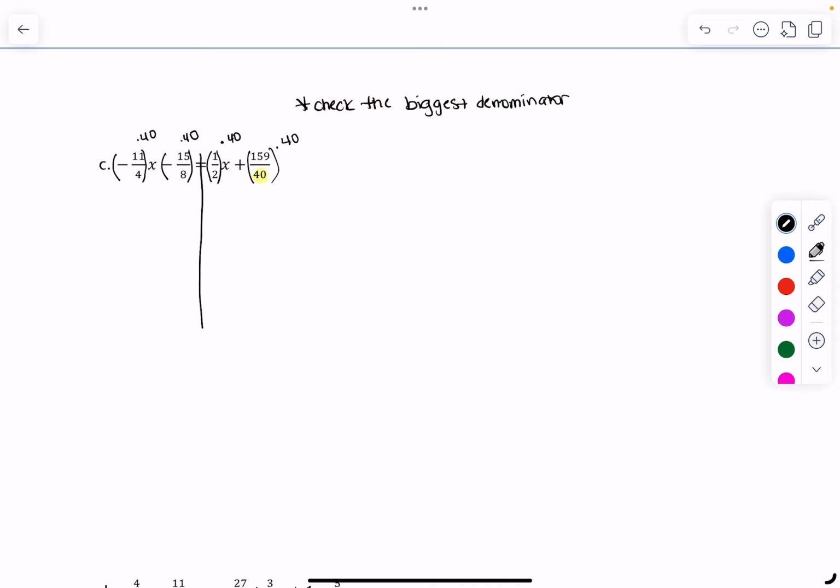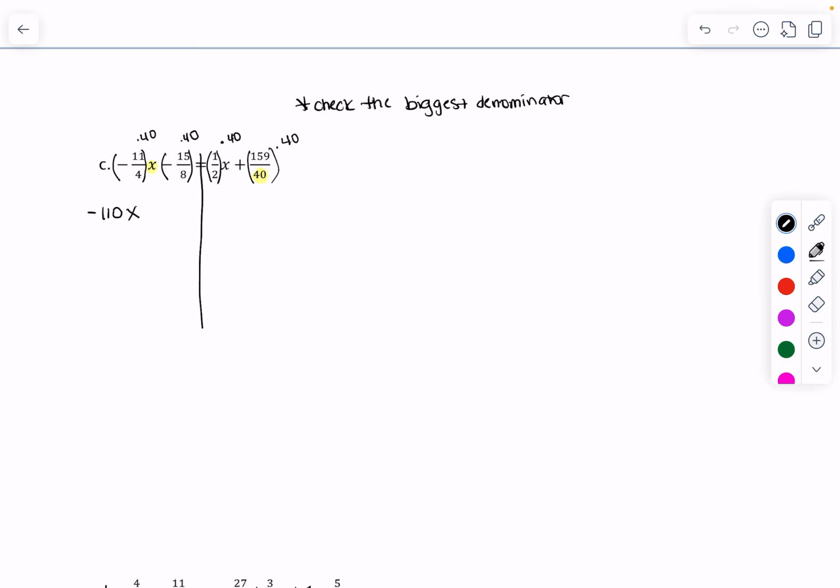So negative 110. One thing to notice is that this has a little x with it right here, so you can't forget that when you put down your negative 110, you also put the x with it.